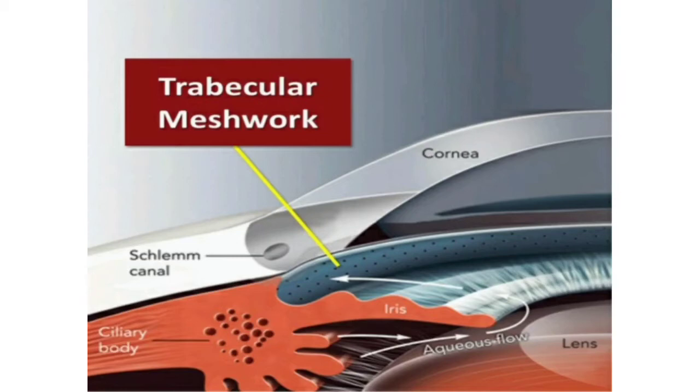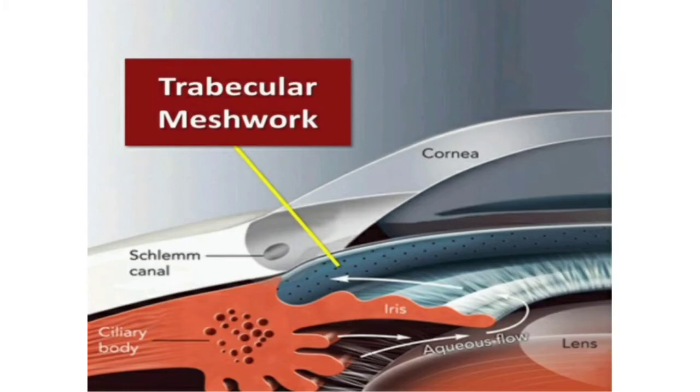You can see how this aqueous humor is going from just in front of the lens. It is going through the pupil, and then it is entering in front of the iris, and from there it will be drained through the meshwork. The yellow arrow is pointing to the trabecular meshwork.